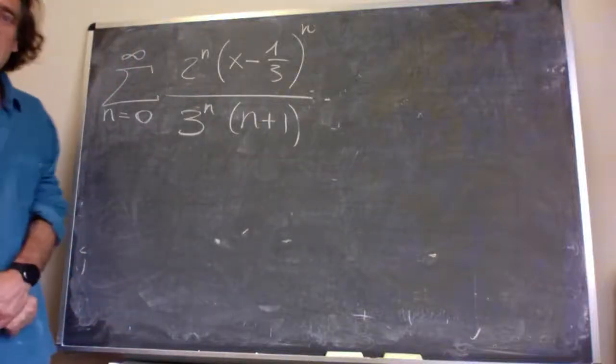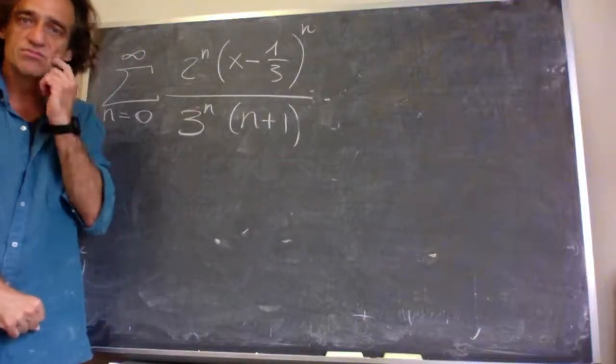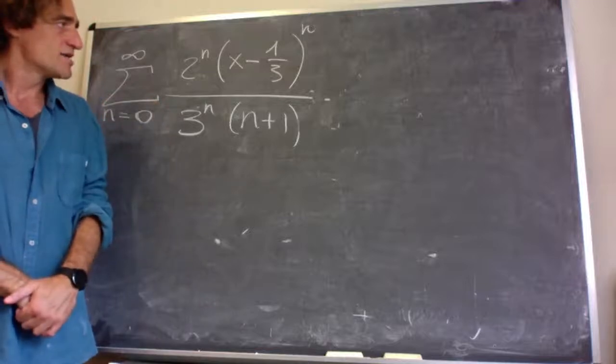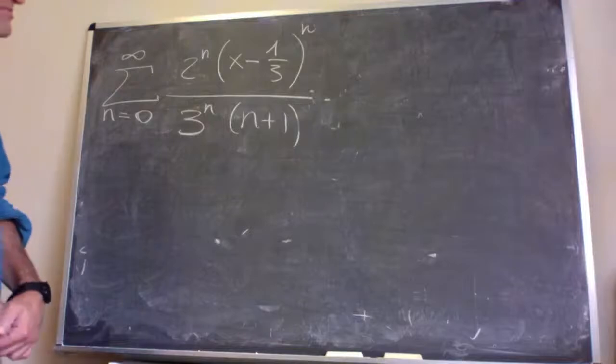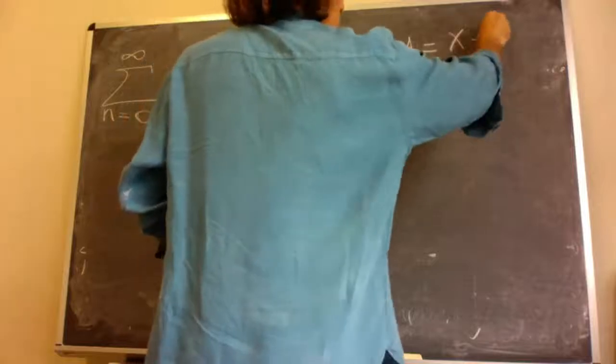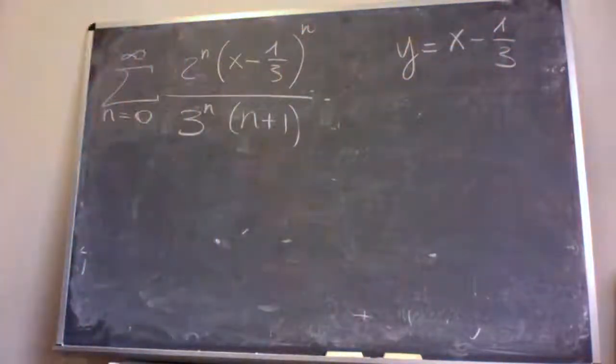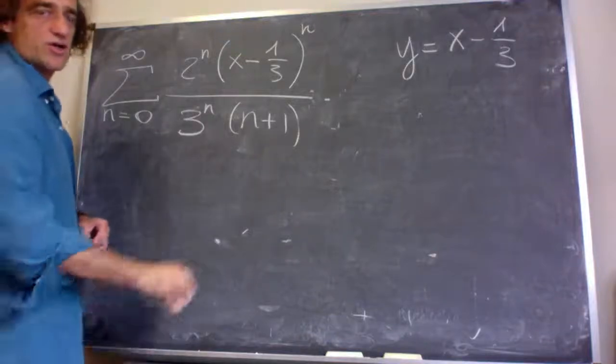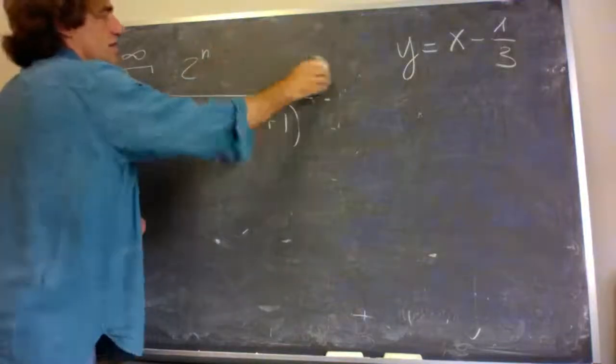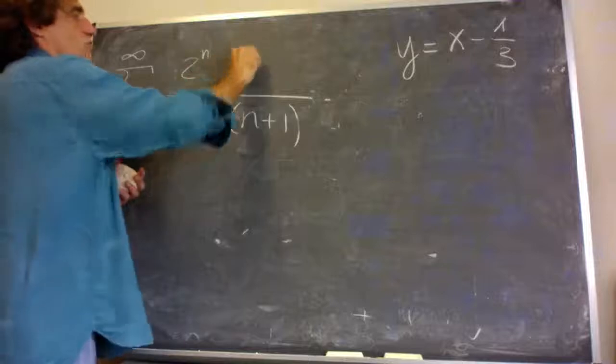Okay, and now here you can do as you want. You can just, for instance, consider a new variable y is equal to x minus 1/3. And in this way, you can rewrite this series like that: 2 to the n, y to the n.